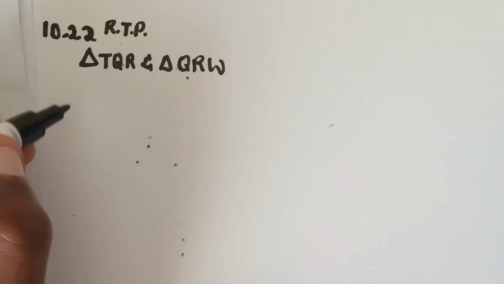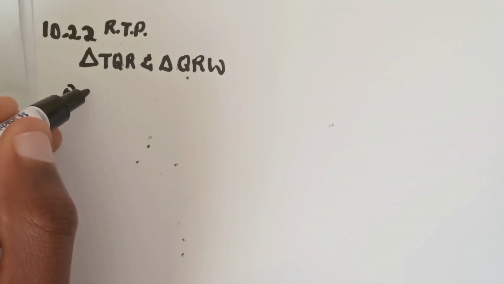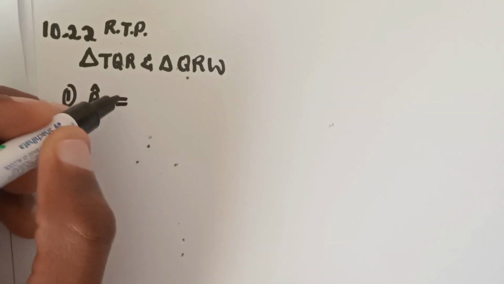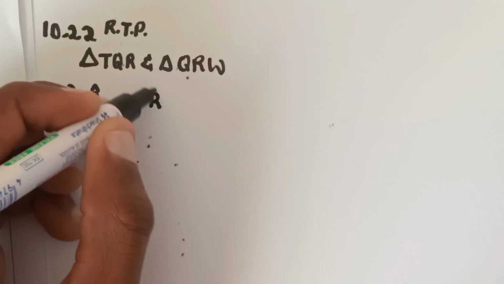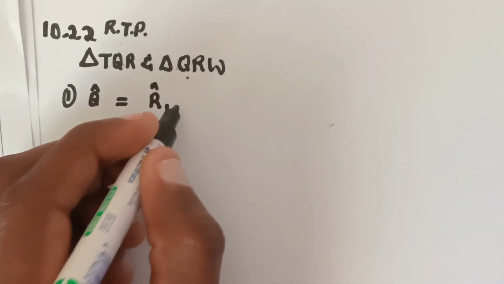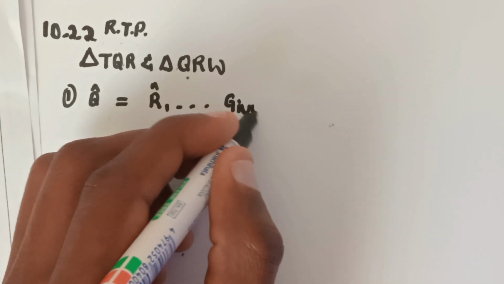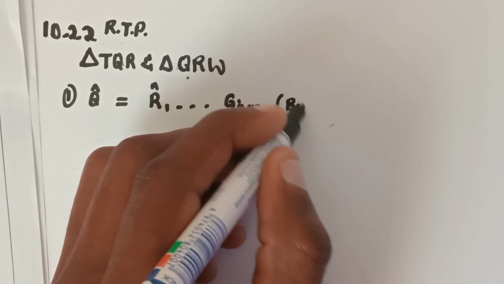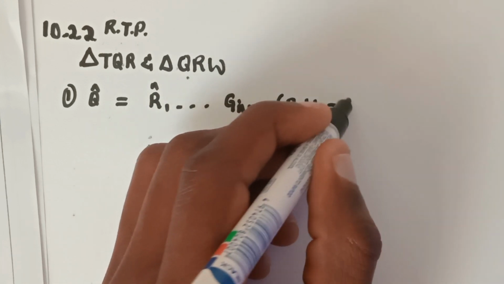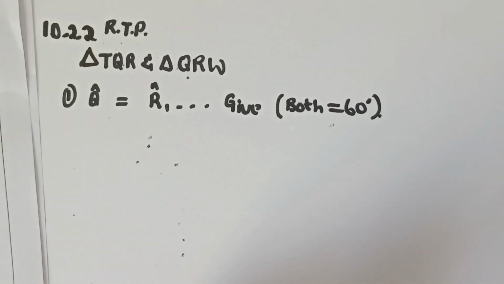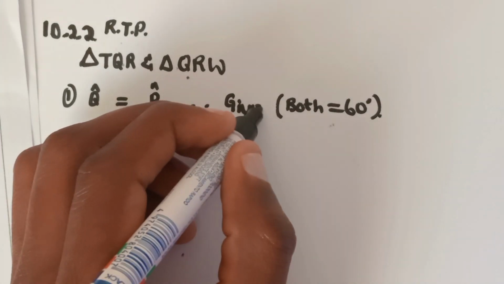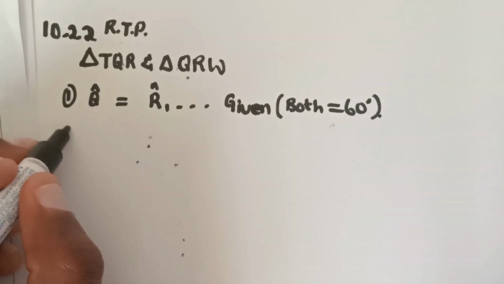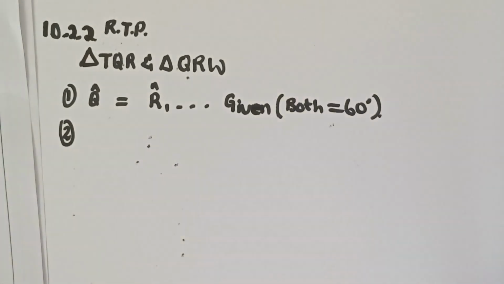So here for the first one, we can say that angle Q is equal to angle R1, given that here is an equilateral triangle and they are both equal to 60 degrees. That is our reasoning given here. That is given.